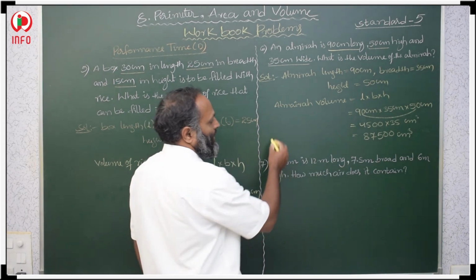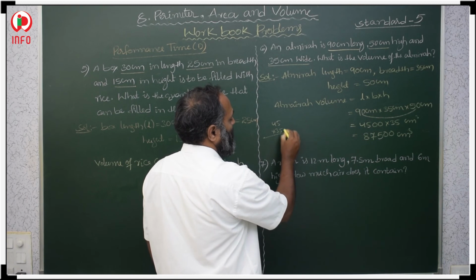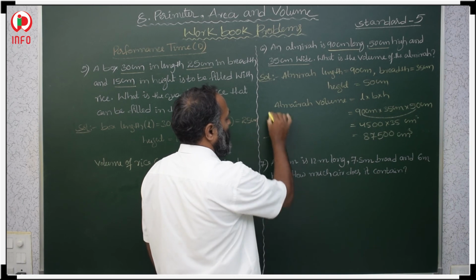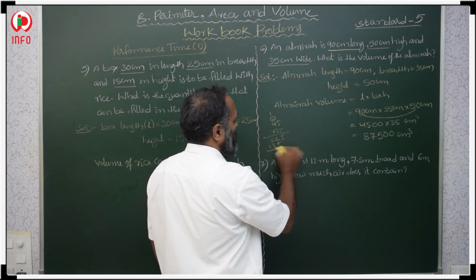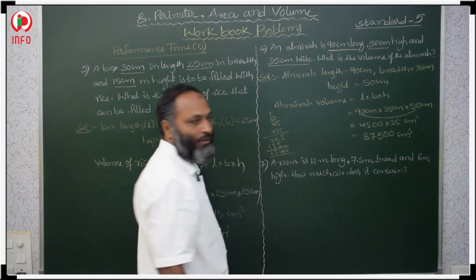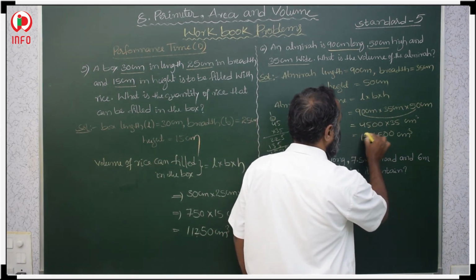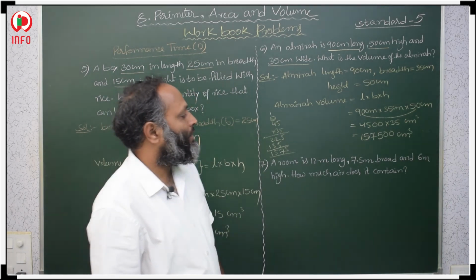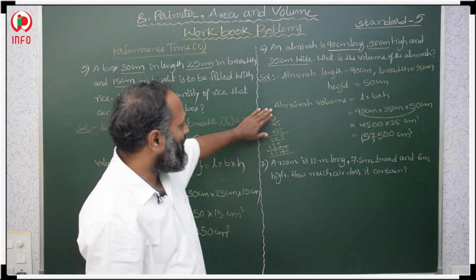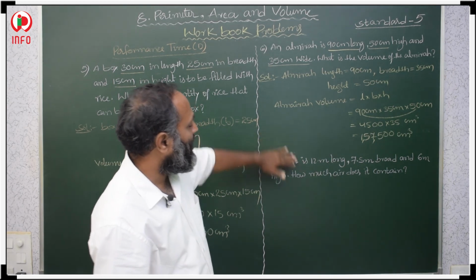If once you want to check, then check 45 with 35, 5 5s are 25, 2. 5 4s are 20, 22, 3 5s are 15, 1, 3 4s are 12, 13, 5 7 5 1, 1575. So 1575, 15,000, 1,57,500 centimeter cube. So this is the volume of almara. Just we multiply all the three length, breadth and height, you will get your answer.